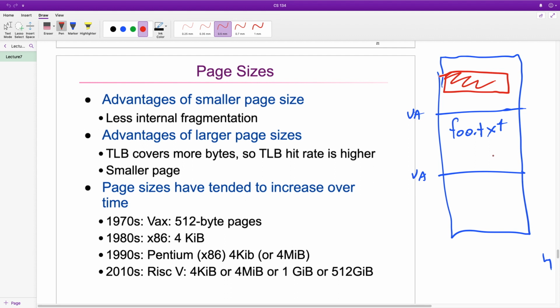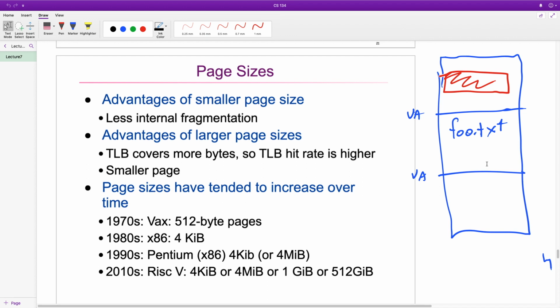At most, at least, on average. At most, I'll say a full page minus 1, right? Because if it was a full page, we wouldn't have allocated it. And the least, and the average, half. So on average, we lose half a page. So smaller pages means less internal fragmentation.